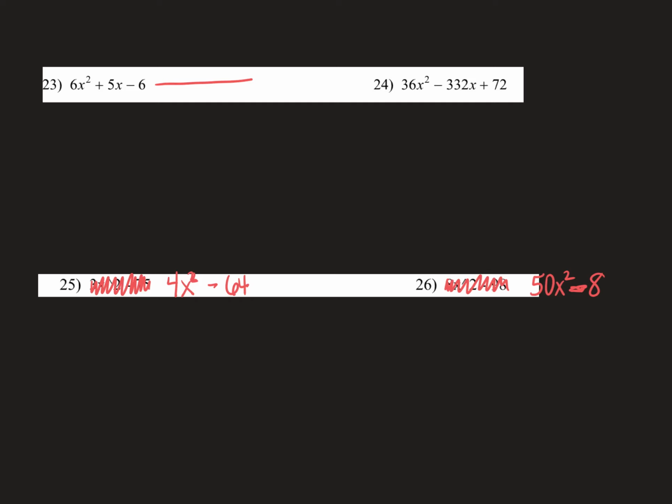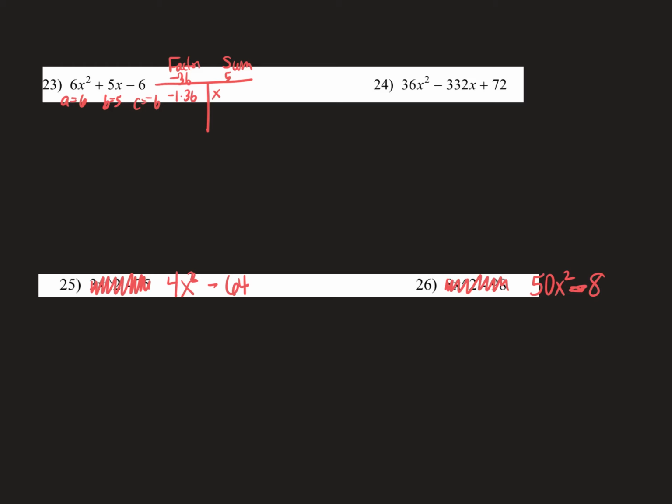Okay, for the next one, there's not a greatest common factor. A equals 6, B equals 5, C equals negative 6. Factors of negative 36 that'll give me a sum of 5. Okay, so I want a negative product. One's positive, one's negative. Positive sum, so the smaller one is negative.